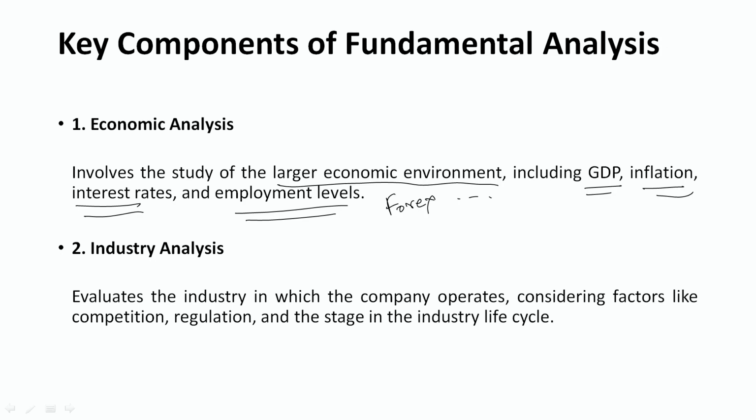Next, once you do a broad study about the economy, where you are saying that the economy is either favorable or not favorable for an investment condition, then we go into the next type of analysis, which is called the industry analysis. Let us assume the economy is favoring investment.